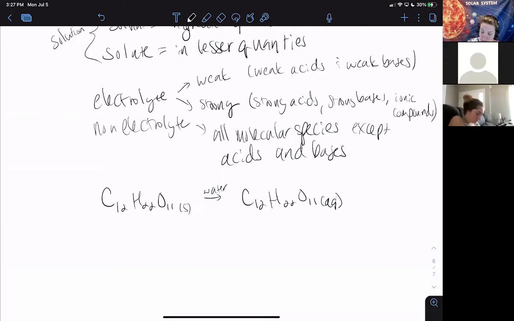In a sugar crystal, each of the molecules of sugar are connected to other sugar molecules by what we would call intermolecular forces. We'll learn much more about intermolecular forces in Chem 2. But these are not bonds, these are just interactions.